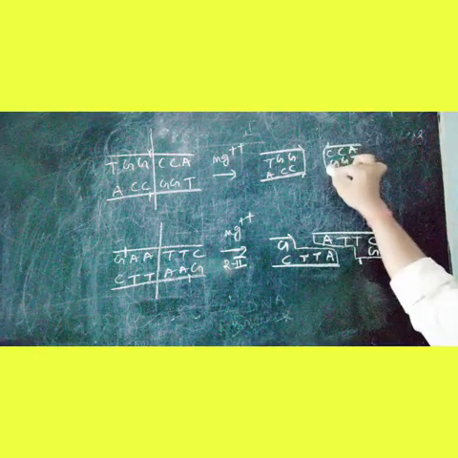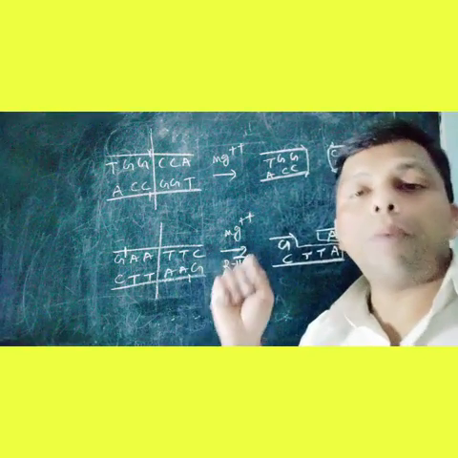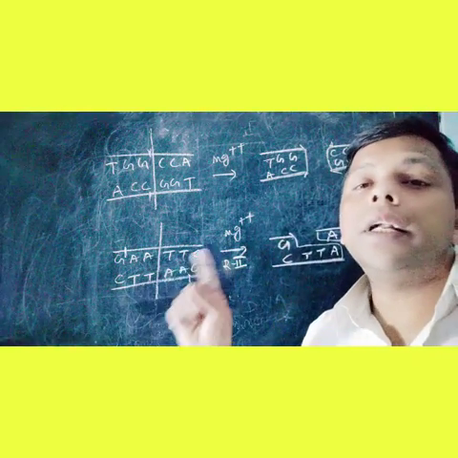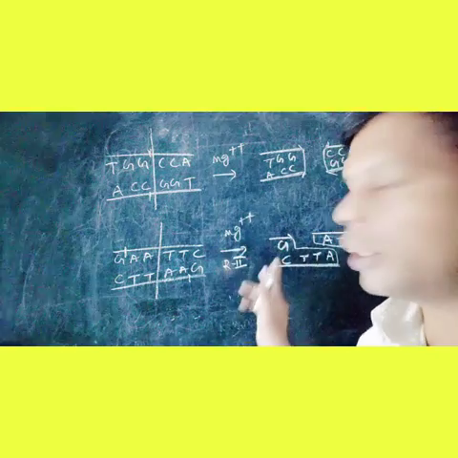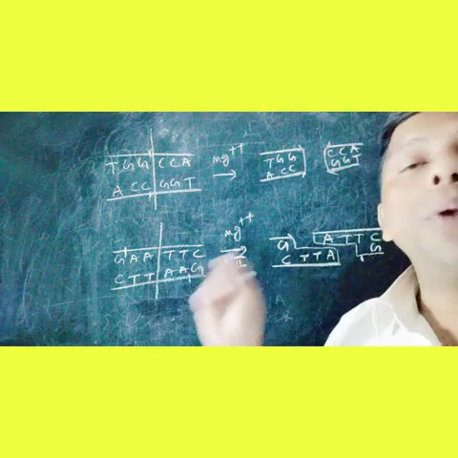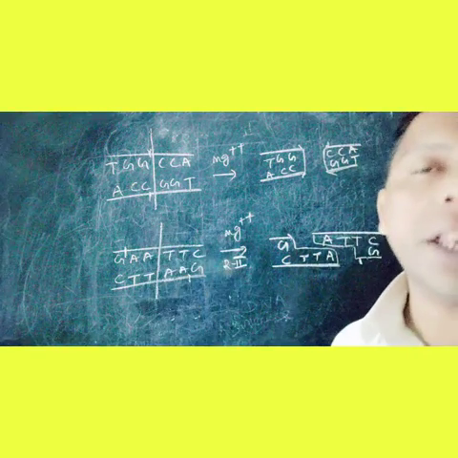This is the blunt end, and this is the sticky or cohesive end. These two types of cutting are generated by endonuclease enzymes. The sticky end is the most suitable, as it helps in complementary base pairing during the annealing process.